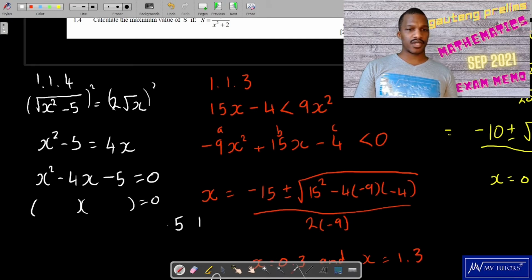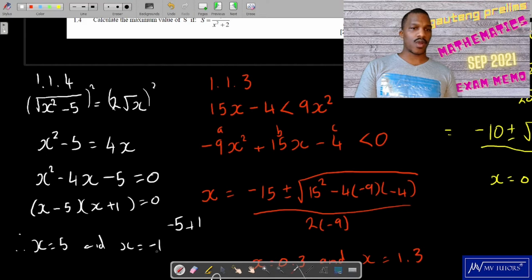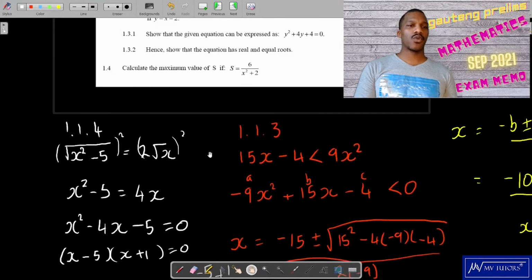So let's see, 5 has to be negative, so minus 5 plus 1 gives me minus 4. So then I just say x minus 5 and x plus 1. Then I can therefore conclude that x is equal to 5 and x is equal to minus 1. All right, that's it. Cool.